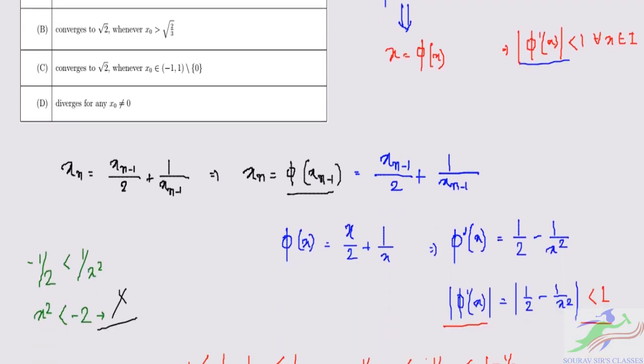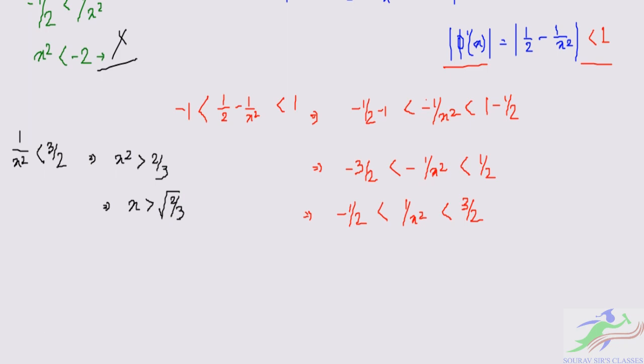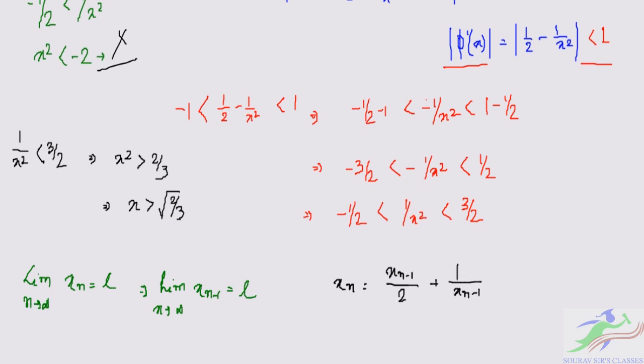If we write the limit as n tends to infinity, x_n is L. Similarly, the limit of x_{n-1} is also L. So we have the expression x_n = x_{n-1}/2 + 1/x_{n-1}, and putting the limit value, L = L/2 + 1/L.